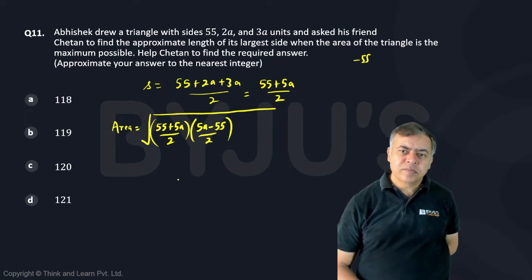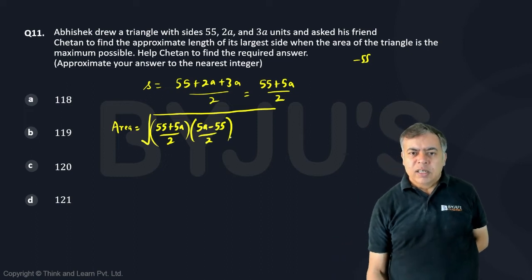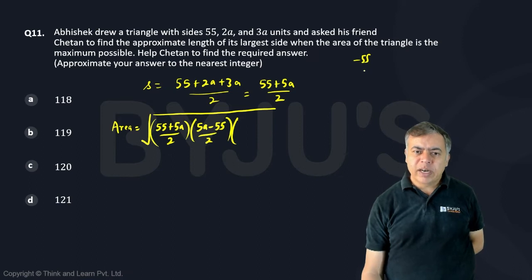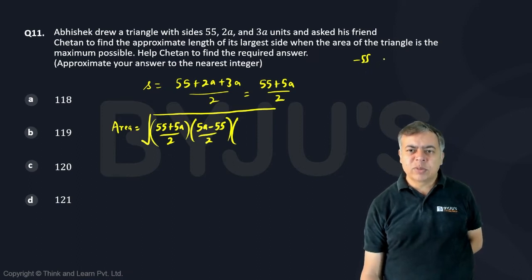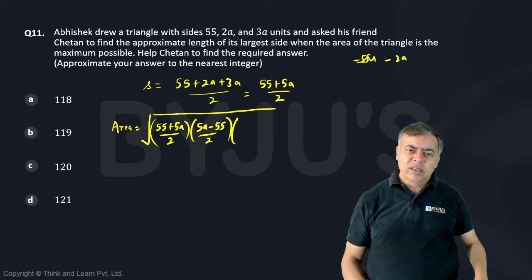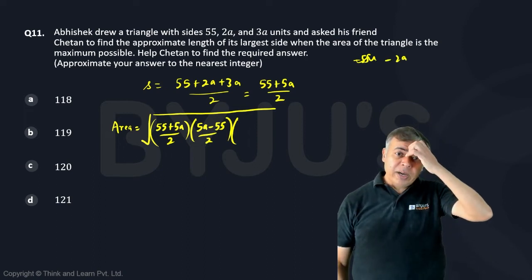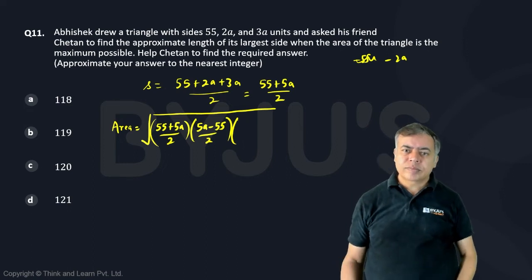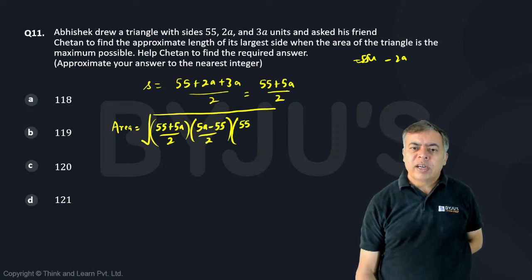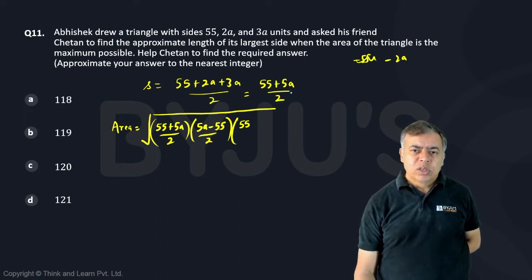Taking minus 2a, that is minus 4a by 2, it becomes (55 plus a) by 2.